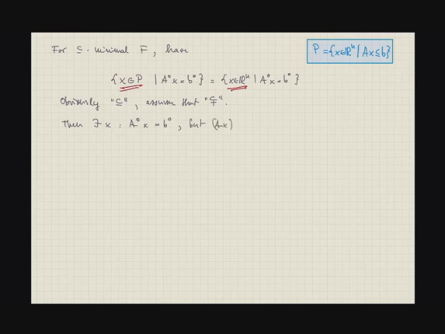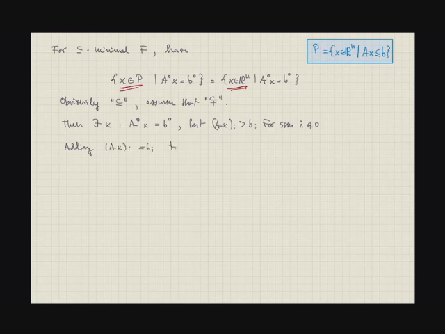a_i x is strictly larger than b_i for some i which is obviously not part of the selected rows of the matrix. But then I can add this equality system, so a_i x equal to b_i.